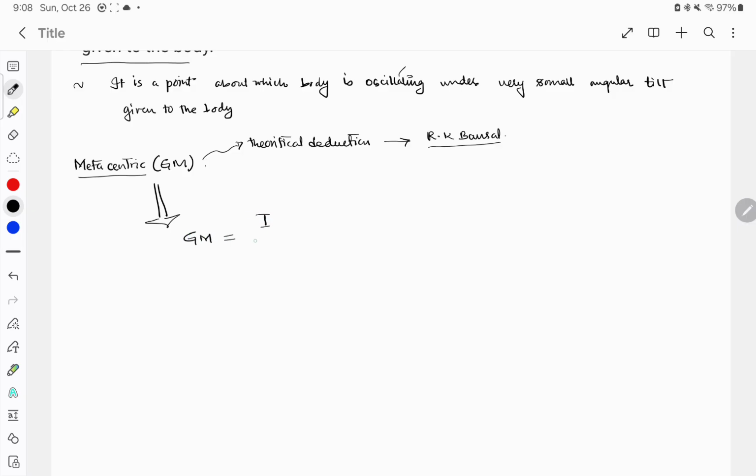So the metacentric height GM is equal to the moment of inertia divided by the volume of displaced fluid, minus BG, meaning the distance between the center of buoyancy and the center of gravity.